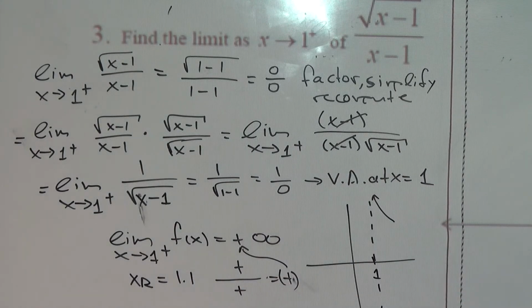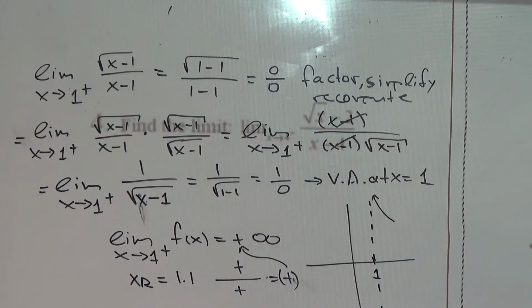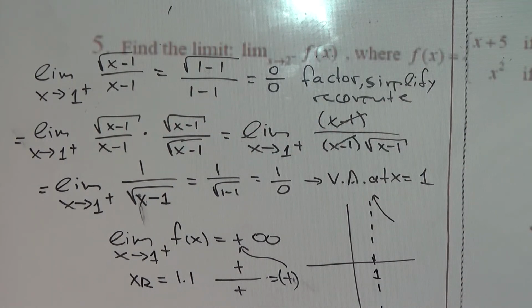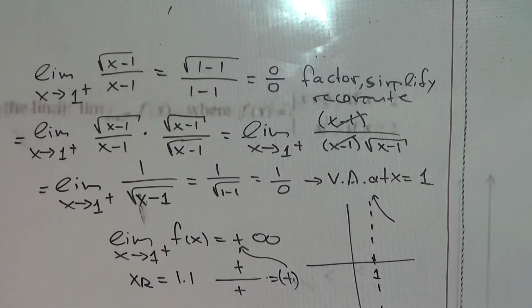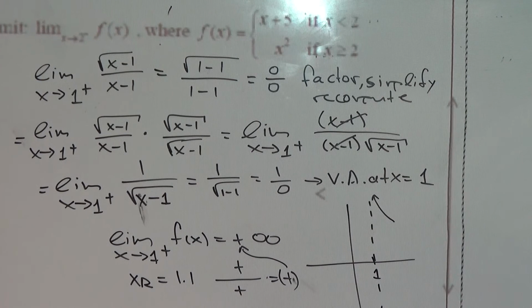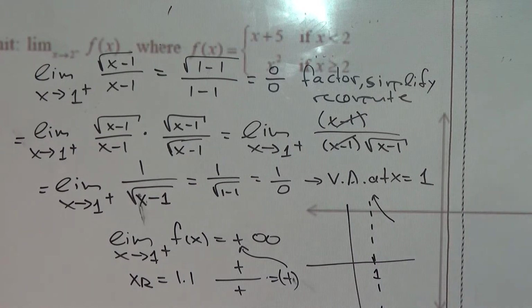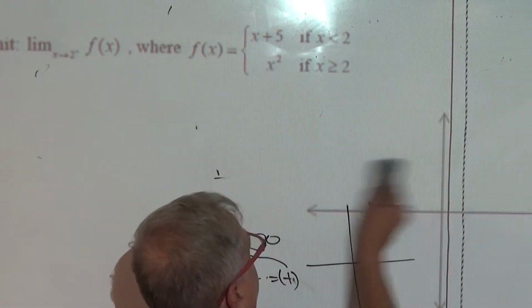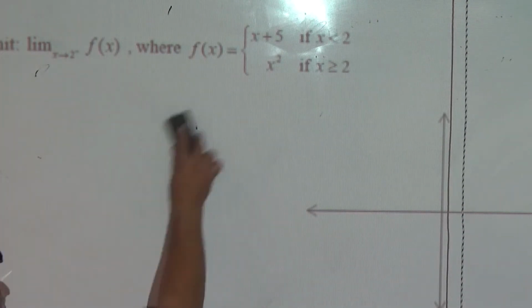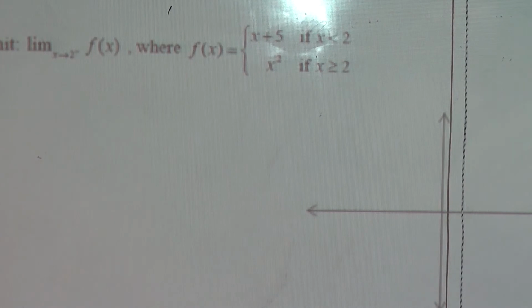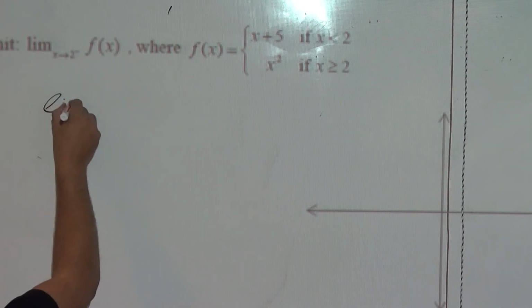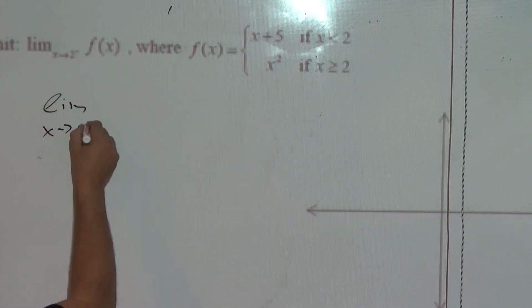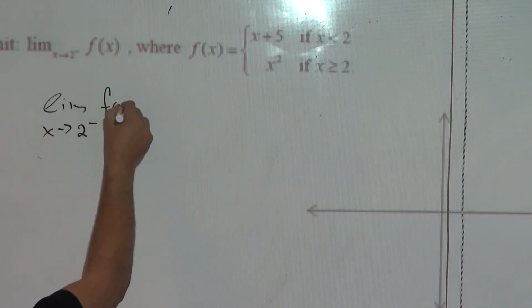Let's look at another one. So here I have a piecewise function, and I want to study the limit as x goes to 2 from the left of the function.